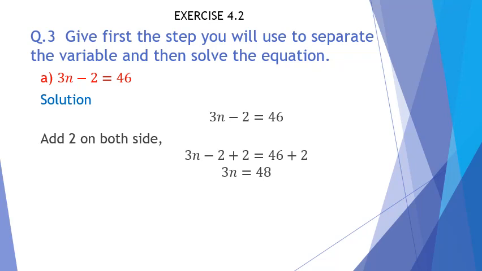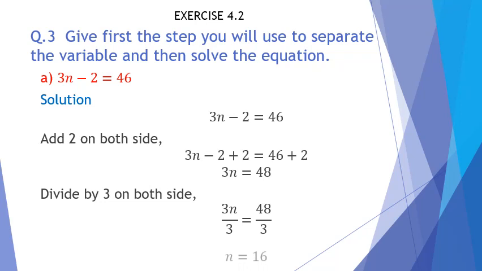So to separate n, we have to divide by 3 on both sides. So 3n upon 3 equal to 48 upon 3. After cancelling 3, we get n equal to 16. So n equal to 16 is the solution.